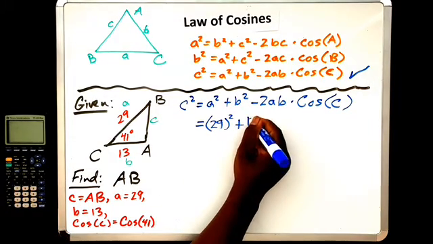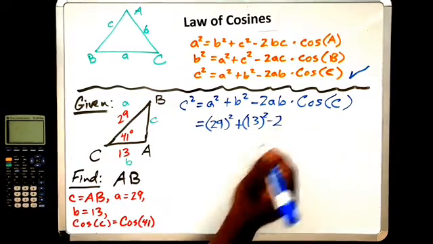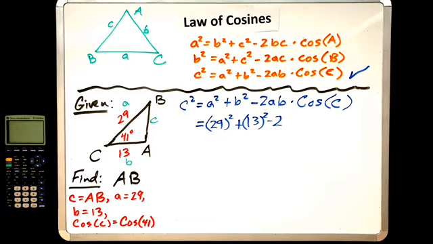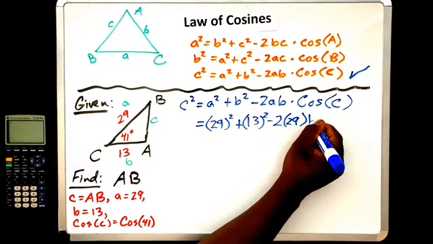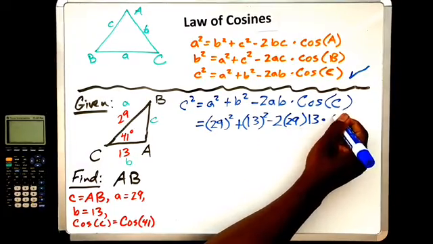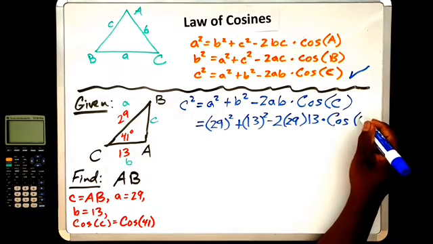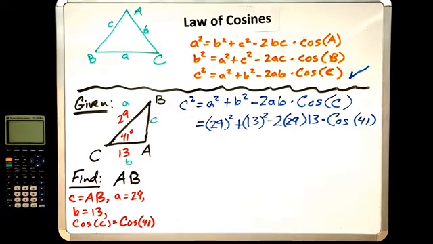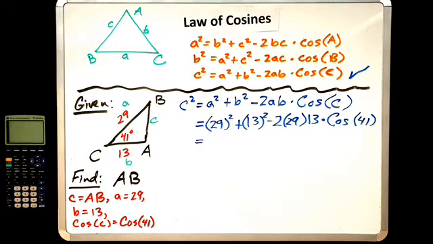So we write 13 squared minus 2 times A times B. So that's 2 times 29 times 13 times cosine. Cosine of what? 41. Because angle C is equal to 41. Very good.